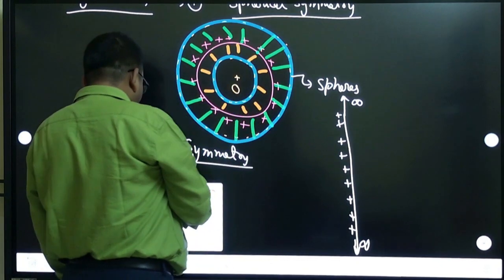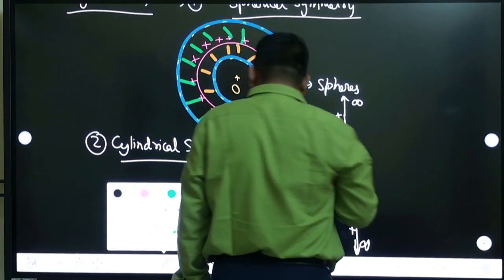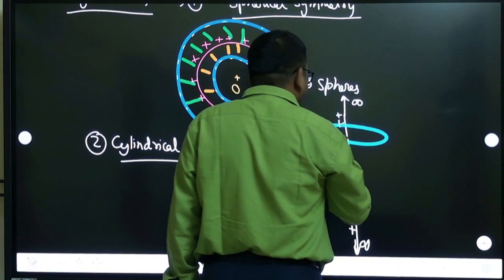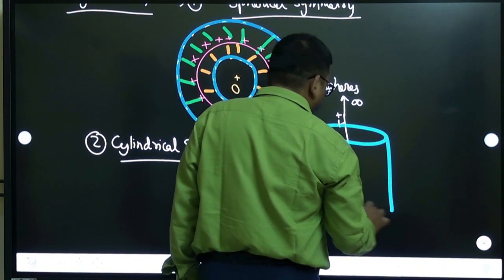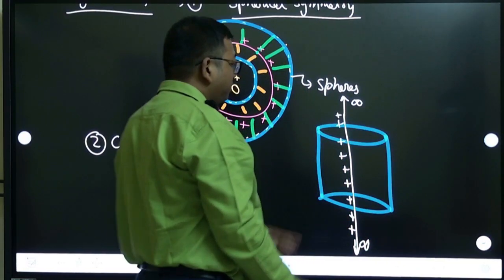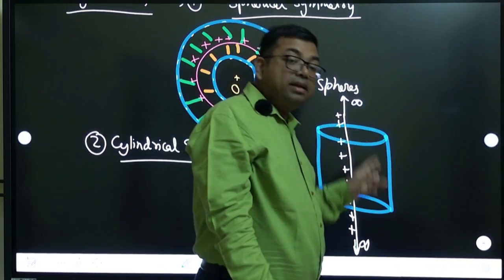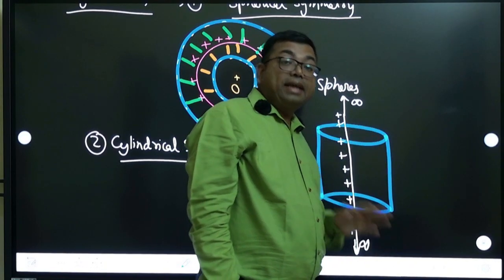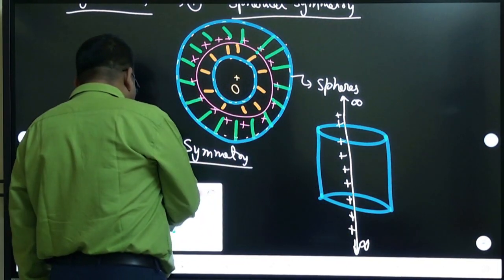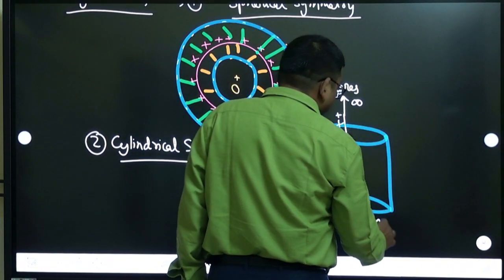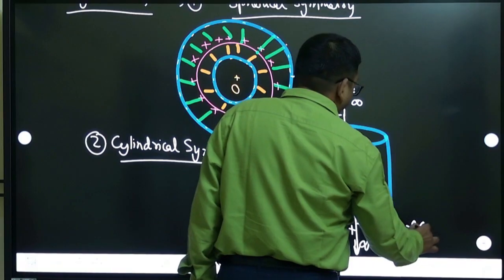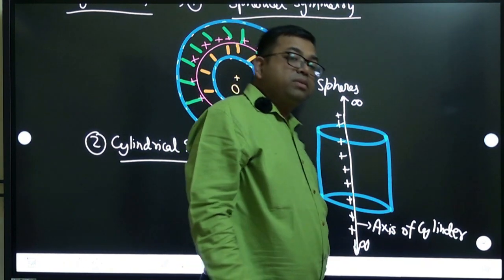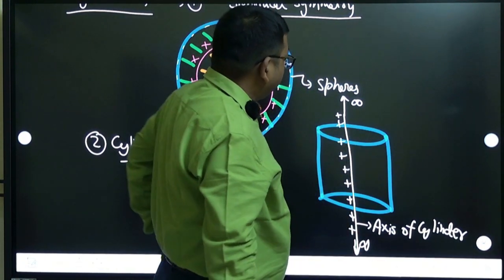Then you can make a Gaussian surface like a cylinder. Why a cylinder? Because the charge distribution is like the axis, so this should be the axis of this cylinder.